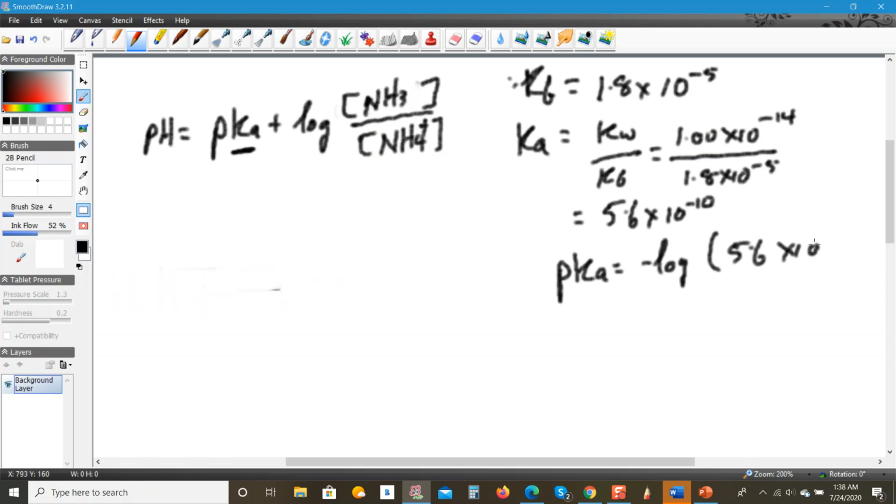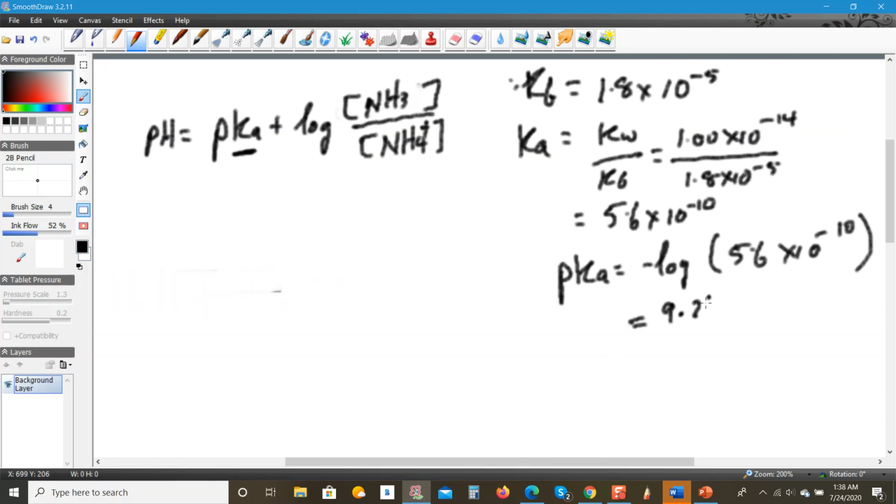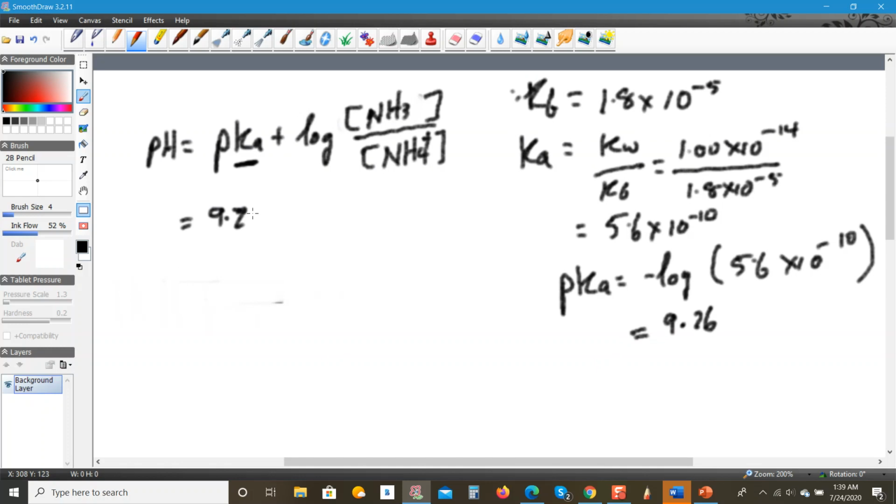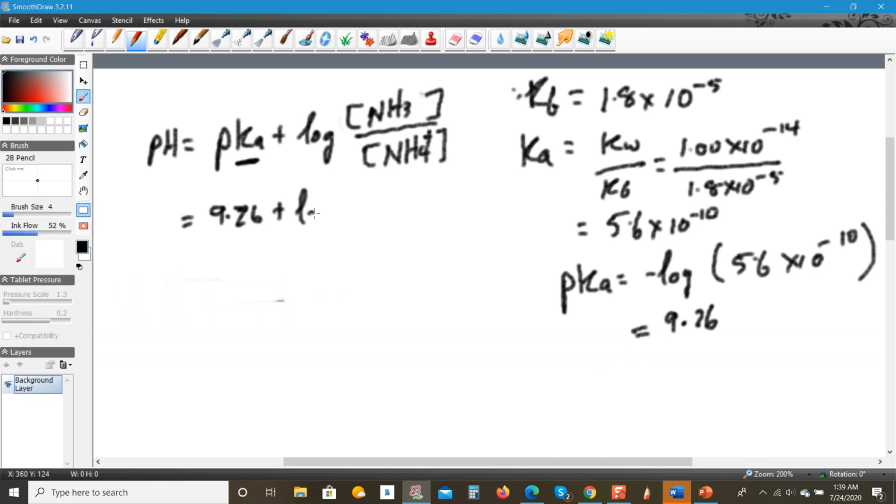So pKa is equal to 9.26, right? So that goes here, 9.26 plus log of the concentration of ammonia, which is 0.30 M, divided by the concentration of ammonium, which is 0.36 M. And when I did that calculation, the answer I got is 9.18.